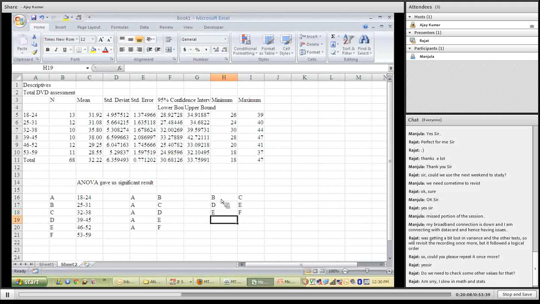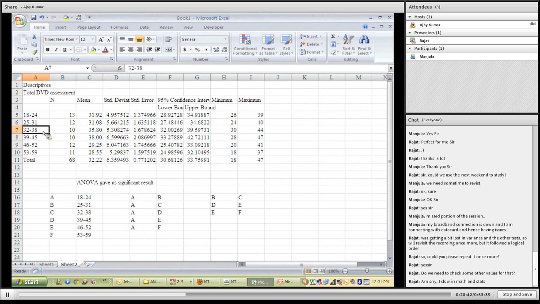What we are essentially trying to look at is the possible combinations that we can make out of this. It is not necessary that all these combinations will be different from each other, which means that we cannot say that someone in the 53 to 59 age group is different from the 46 age group, and is different from 39 also, and is different from 32 also. The point we are trying to bring home is that if any of these combinations differ, then ANOVA will give a significant result.